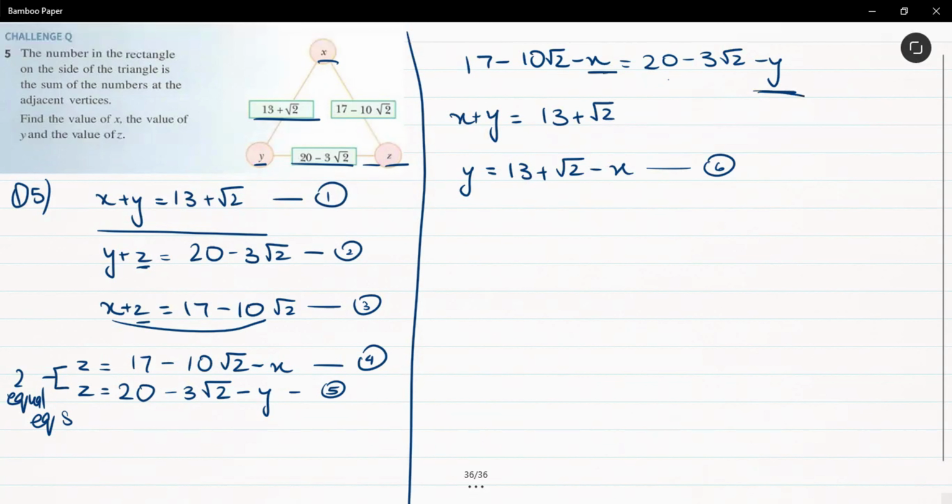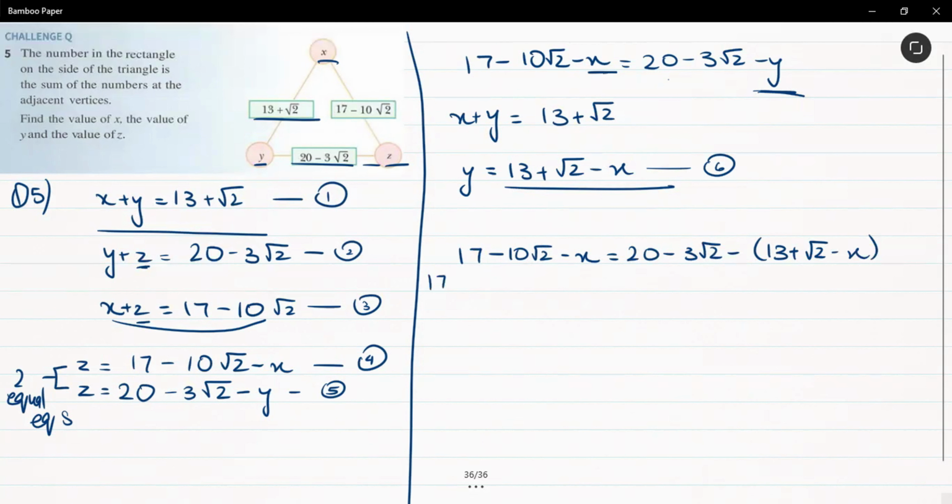So I'm going to replace this y value with this value. Sorry, this was the new equation we found out, and now we are going to put equation number 6 into this. So 17 minus 10 under root 2 minus x is equal to 20 minus 3 under root 2 minus, in a bracket, we're going to write down the value of y, 13 plus under root 2 minus x.